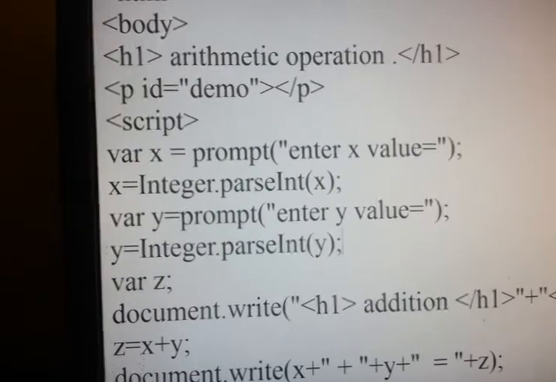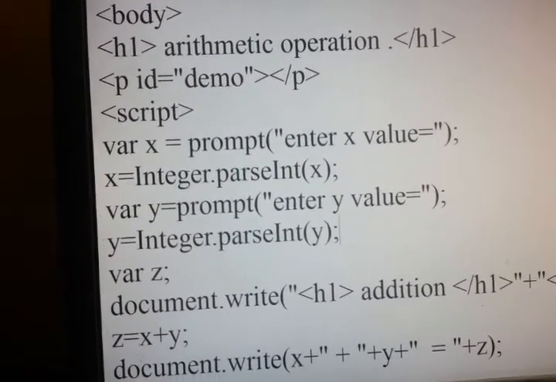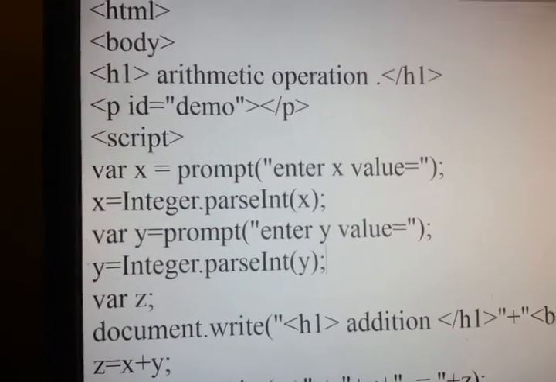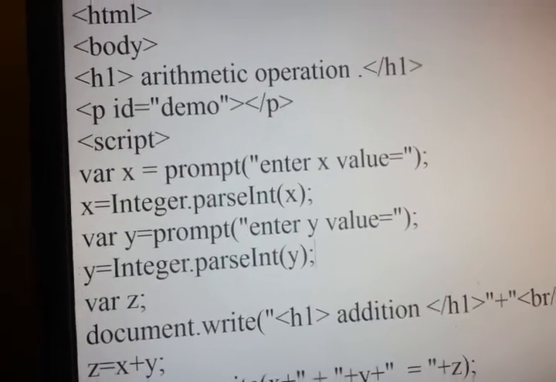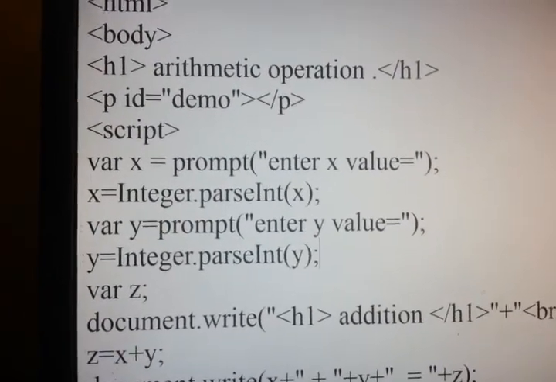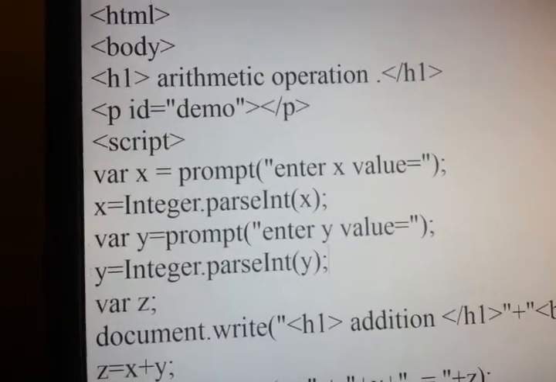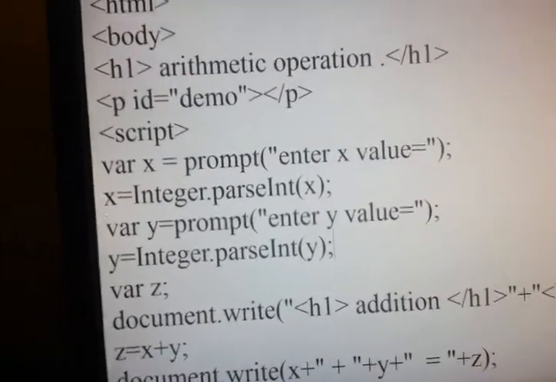Whenever a method is having multiple words, if it is having two words, the first word should be small and the second word's first letter should be capital. This is the basic rule you have to follow. Suppose the method is having three words, the first word is always small, the second word's first letter is capital, and the third word's first letter is capital.